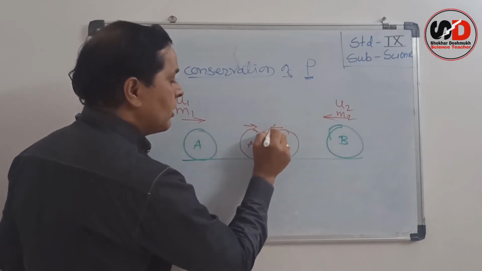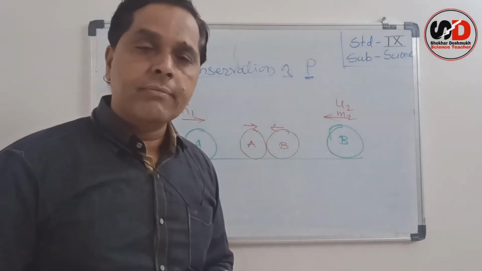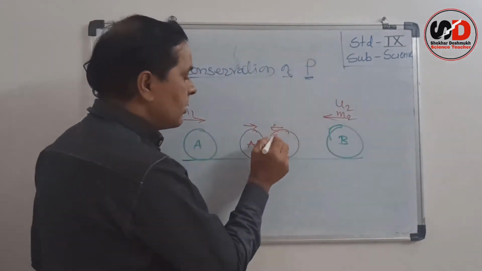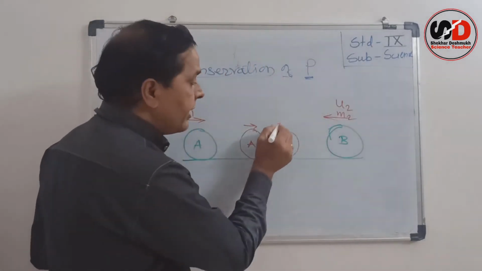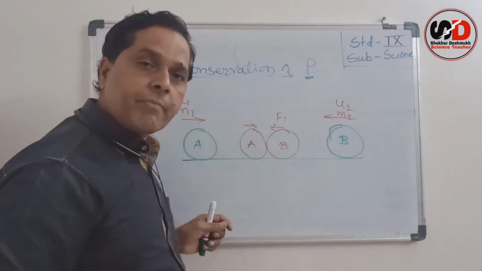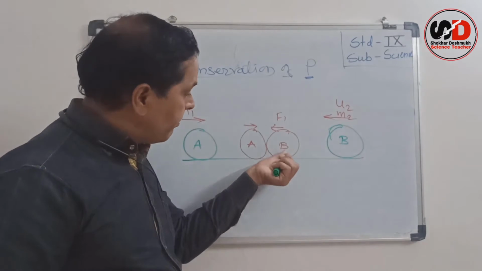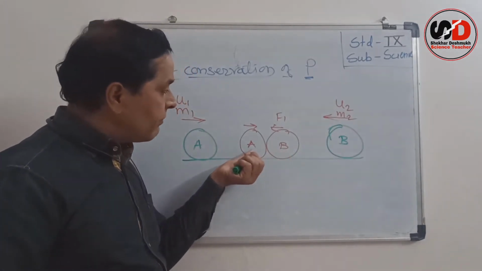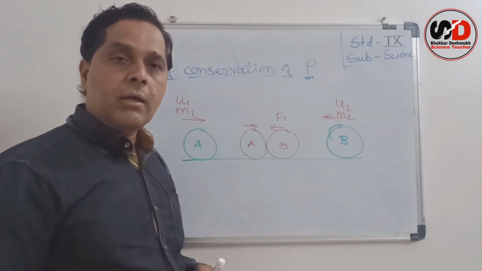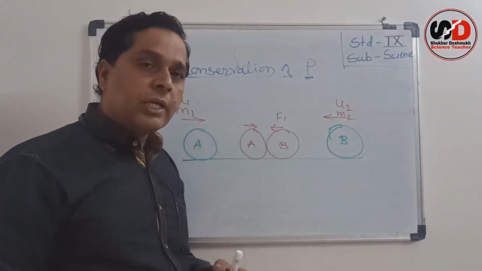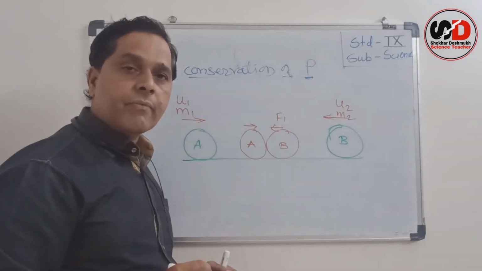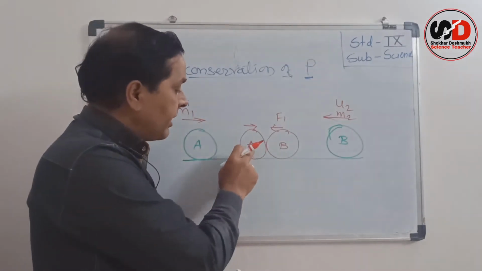या दोघांची एक दुसऱ्याला काय होईल? टक्कर होईल. टक्कर झाल्यानंतर डेफिनेटली सपोज this B object applies force F1 on A. B ने टक्कर झाल्यानंतर A वर किती फोर्स अप्लाय केला? F1 एवढा फोर्स अप्लाय केला. And this F1 force creates acceleration in this A. या A मध्ये काय होईल?